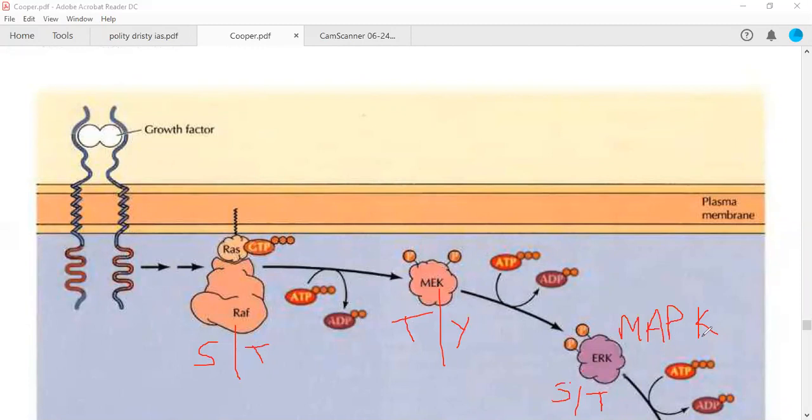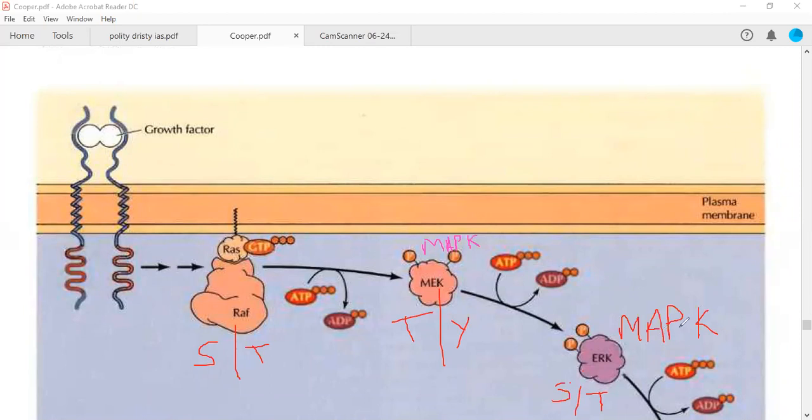So therefore, you can call these also kinases. Tell me, if this is a MAP kinase, you can give names to the remaining kinases. So this is called MAPK.